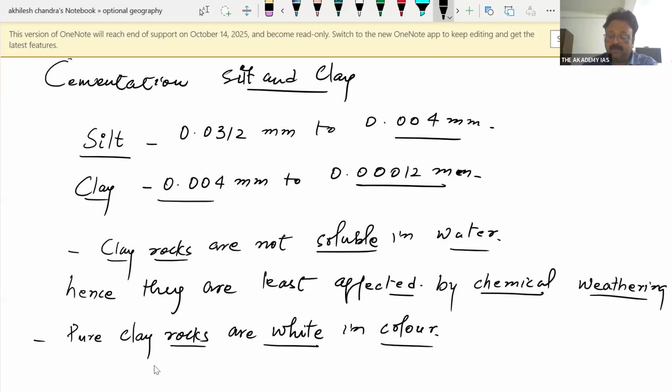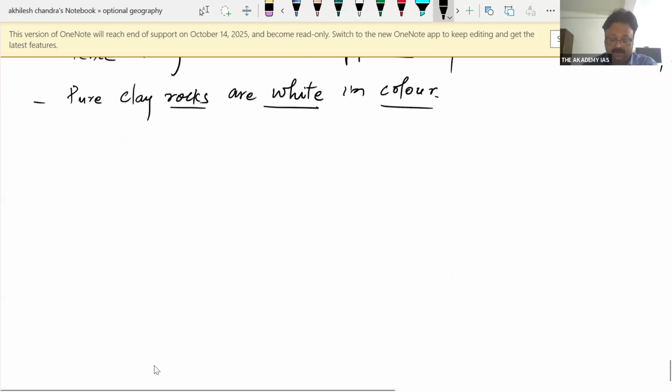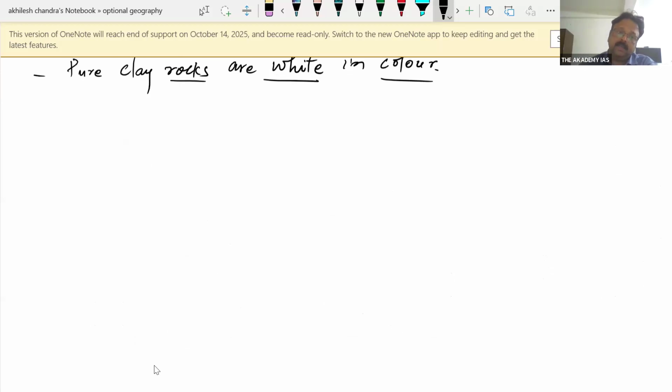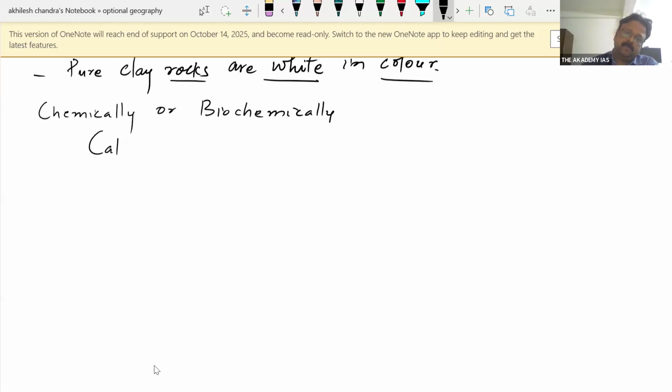Let's have some chemically formed sedimentary rocks, like calcareous rock. केमिकली और बायोकेमिकली एक साथ कर लेते हैं बच्चे. Chemically and biochemically formed sedimentary rock.